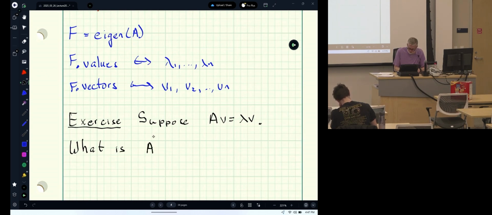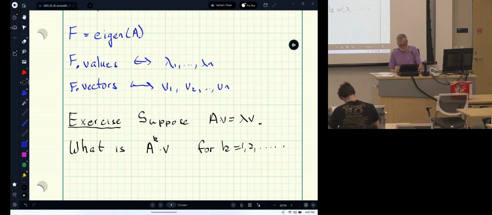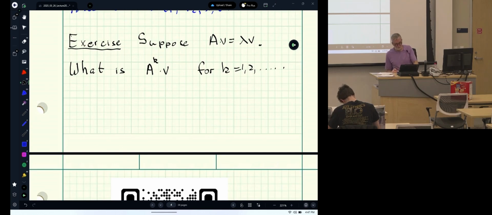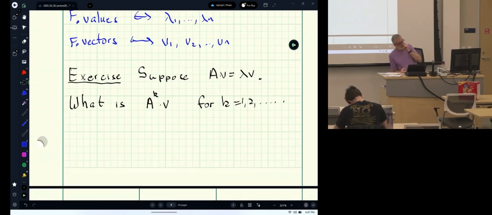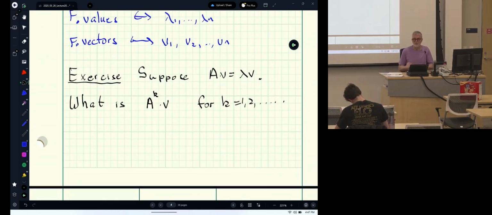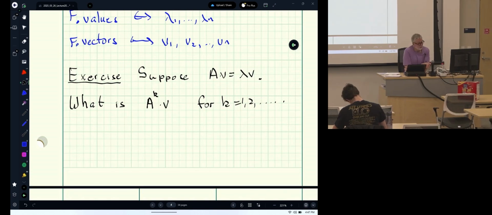What is A to the k times v for k equals 1, 2, and so on? See if you can work that out in 2 minutes or less.